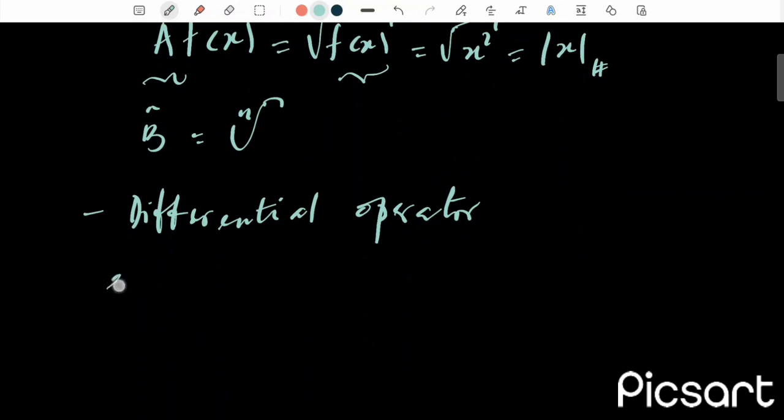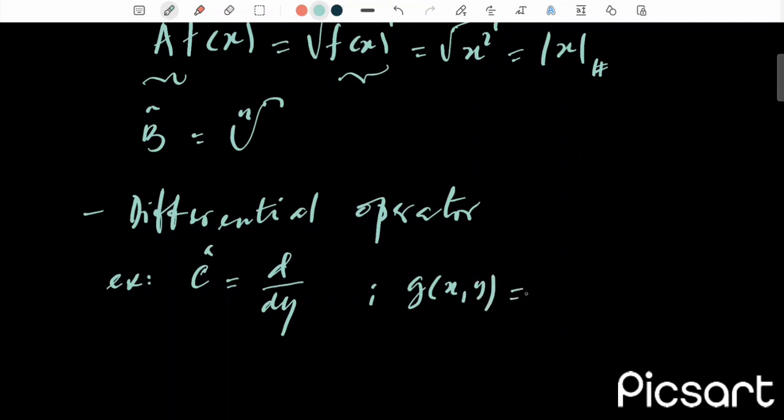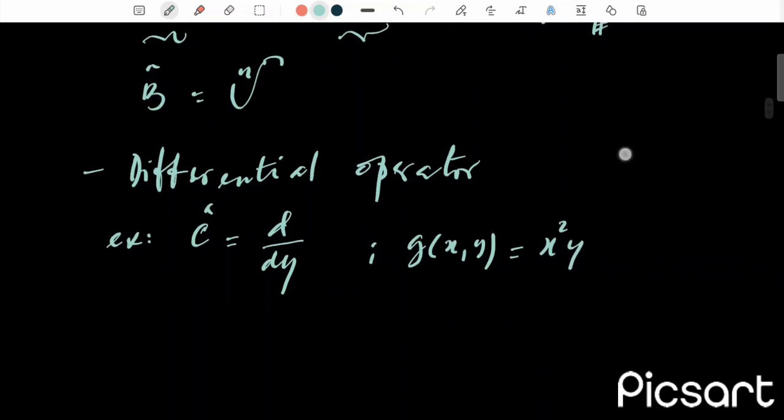For example, the operator C is equal to d over dy, and our function g of x and y is equal to x squared times y.